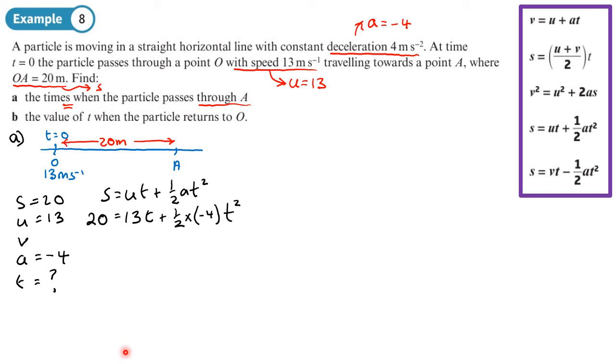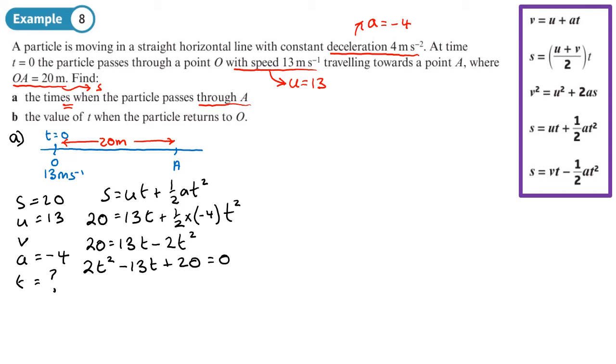Now you notice what we've got here is a quadratic, so I expect there to be 2 solutions. That's why it says times, to get 2 values for t. All right, so 20 equals 13t, and that will be minus 2t squared. I'll rearrange it so it looks like a nicer quadratic. So I've got 2t squared minus 13t plus 20 equals 0.